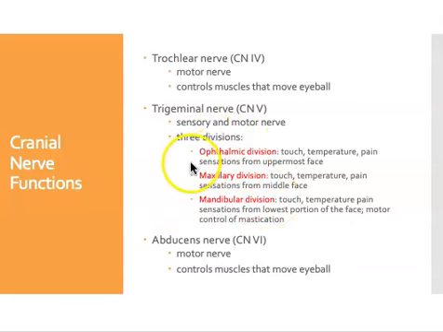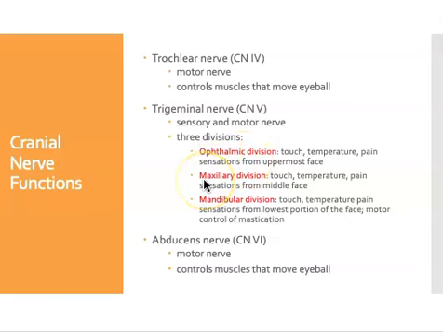Now, you might see ophthalmic and think eyes, but in the case of the trigeminal nerve, it should clue you in that we're talking about the uppermost portions of the face, up where the eyes are. This is the division of the trigeminal nerve that is giving sensory information about touch and temperature and pain sensation in that uppermost region of the face.